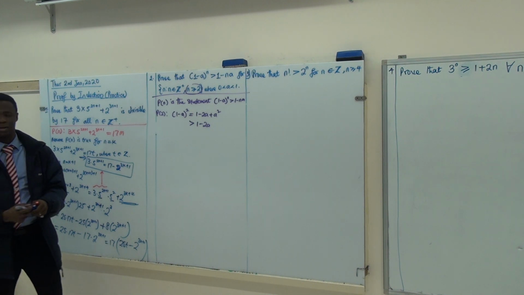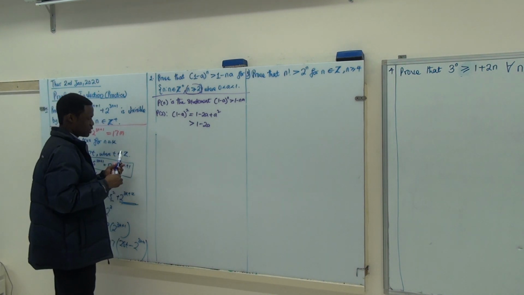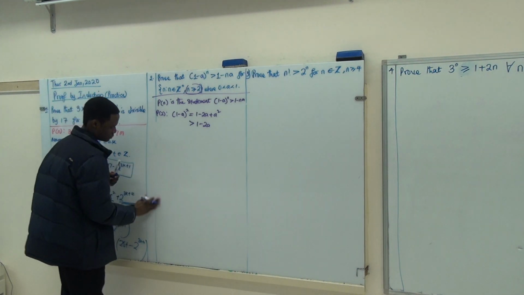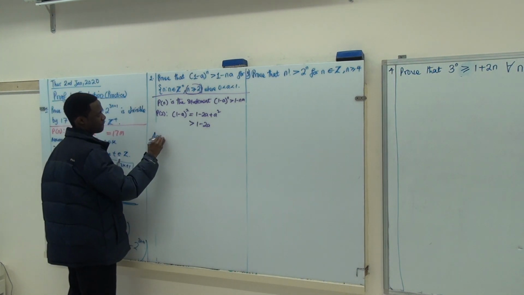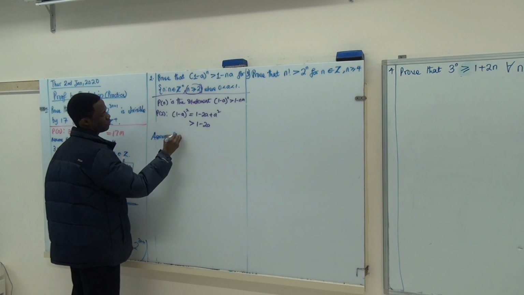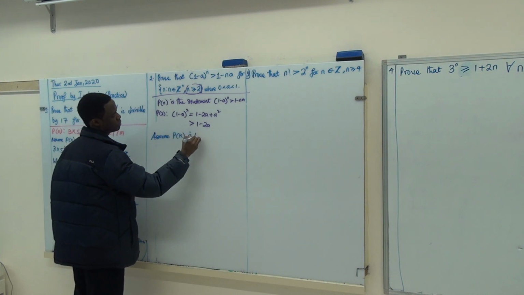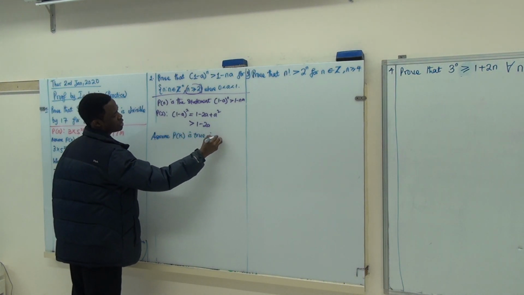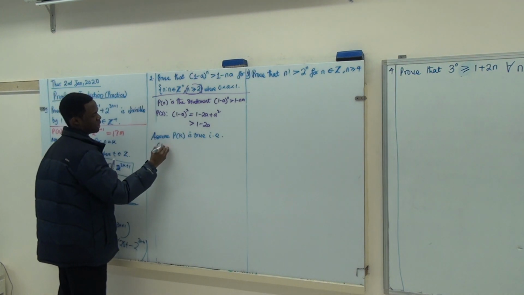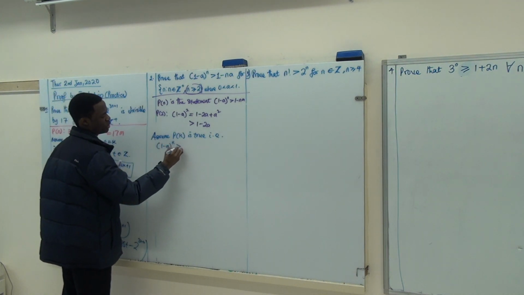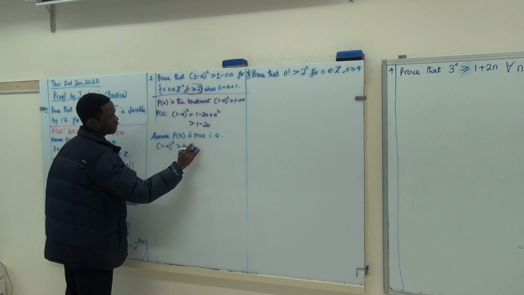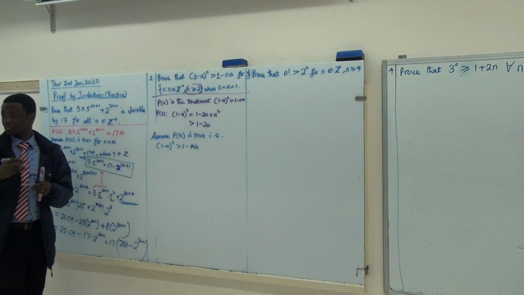Does it make sense now? So we assume, please pay attention, we assume Pk is true. What does this mean? (1 minus a) to power k will be greater than 1 minus ka, right?